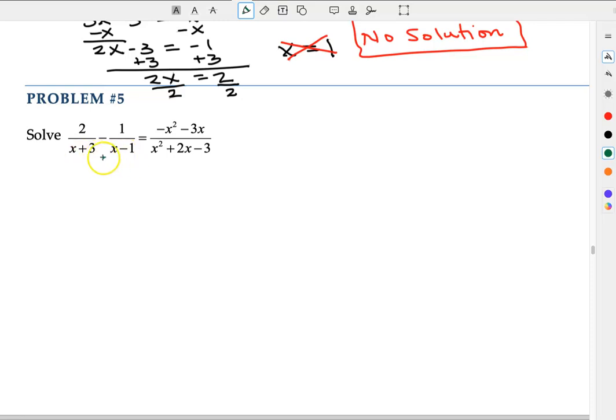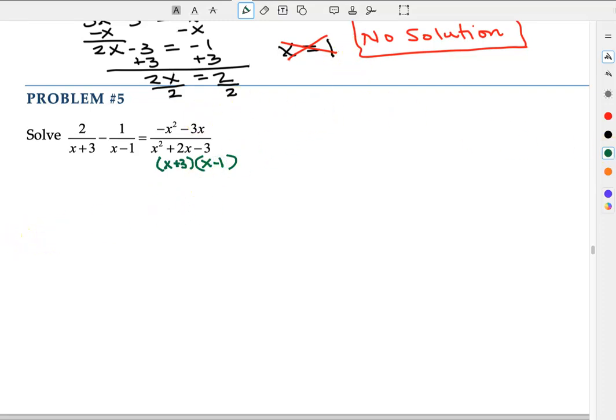Those denominators can't factor here. This one is going to factor: it multiplies to be negative 3 and adds to be 2. So I know I'm going to have 3 and 1, and I need a positive 2, so the bigger number needs to be positive and the smaller number negative.